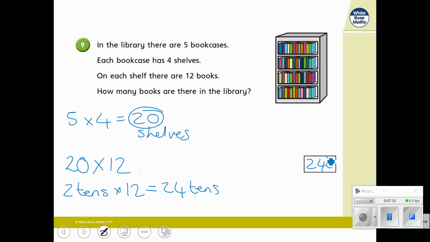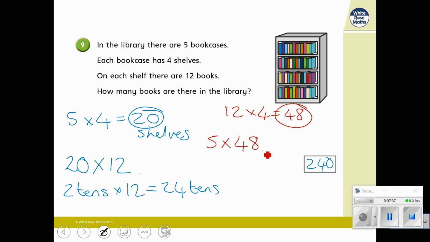The other way, I'll change my pen colour to show you it, would have been to work out how many books there are on one shelf first, and then times that by the number of bookshelves. So I have got 12 times 4 books. 12 times 4 equals 48 books on one bookcase. So I've now got to do 5 times 48.